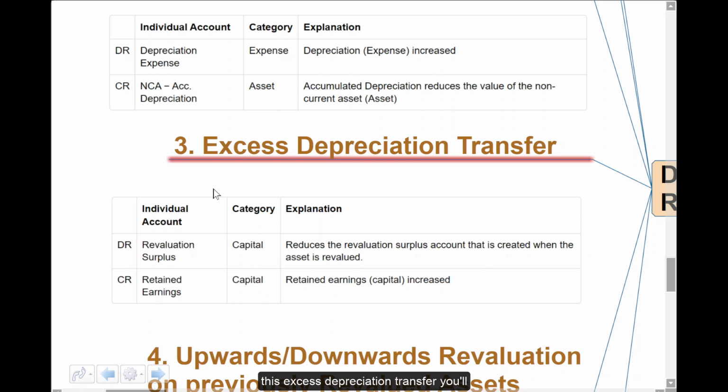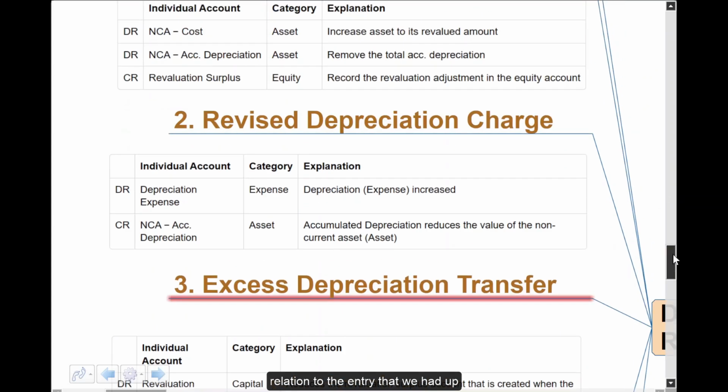So this excess depreciation transfer, you'll see here, it says debit revaluation surplus. Okay, so reduces the revaluation surplus account that is created when the asset is revalued, okay, and credit retained earnings, i.e. capital increases, yeah.